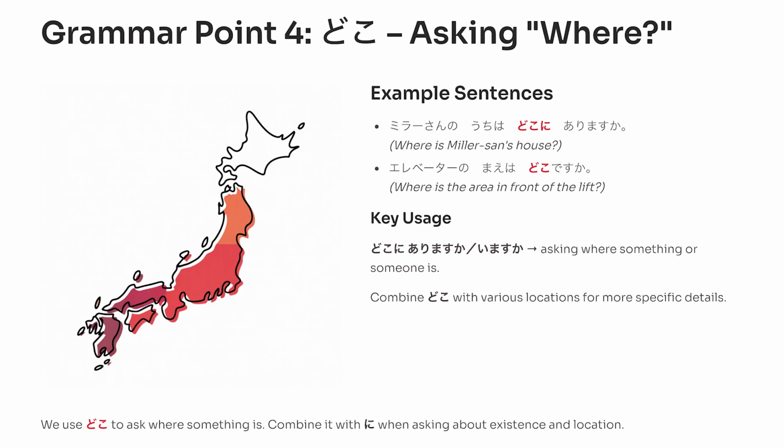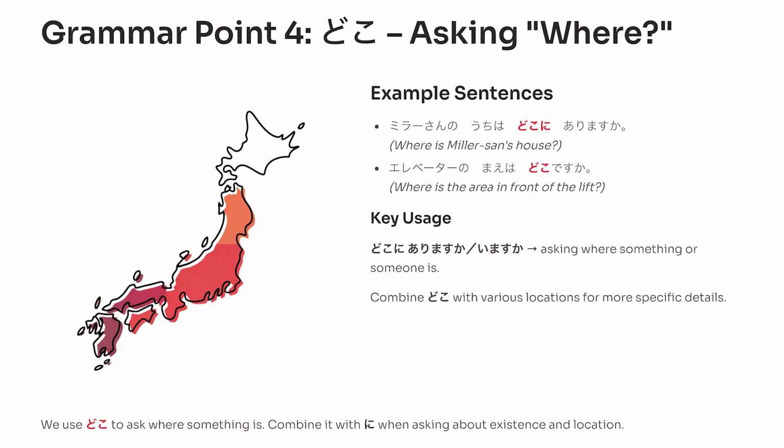For example, ミラーさんの家はどこにありますか? This means, where is Miller-san's house? Since a house is a non-living object, we use あります. If you're asking about a person or an animal, simply replace あります with います. For example, 山田さんはどこにいますか?